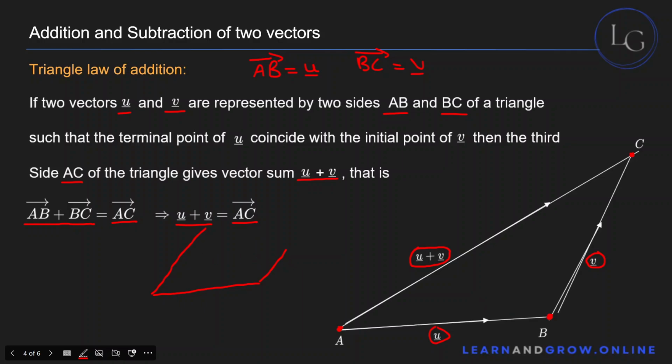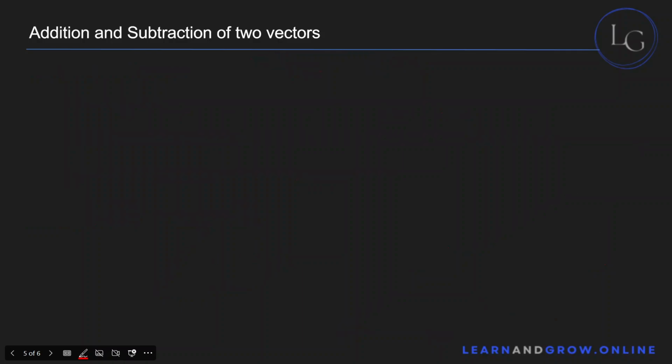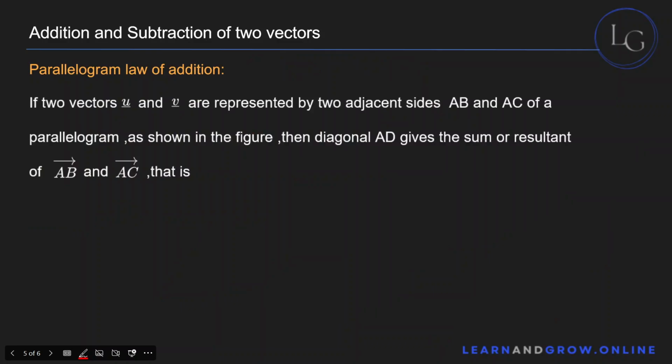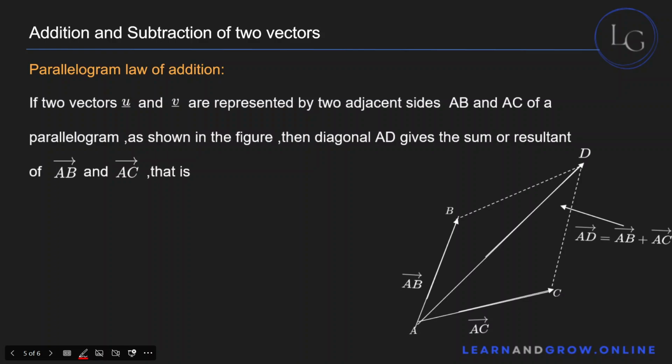The other way you can do this is with the parallelogram law of addition. It says that if two vectors u and v are represented by two adjacent sides AB and AC of a parallelogram as shown in the figure, then the diagonal AD gives the sum or the resultant of AB and AC.